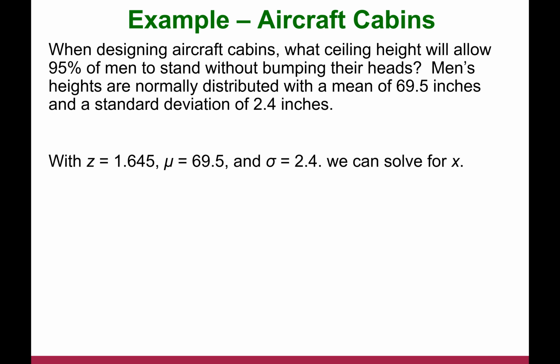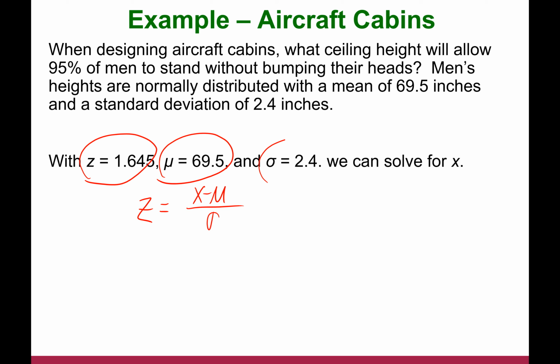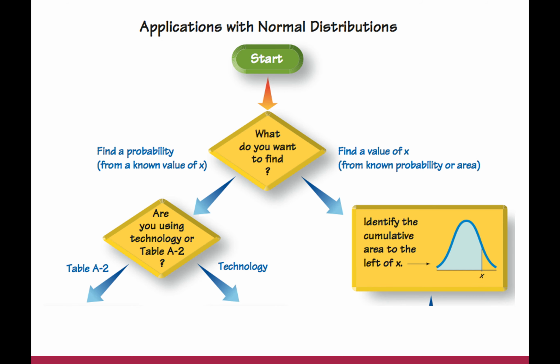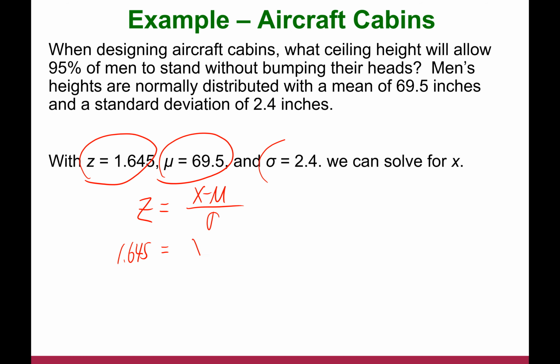Now if you know the z-score, we can use a formula. So now we know the z-score, we know mu equals 69.5, standard deviation equals 2.4. Again, you can just plug into the z-score formula, x minus mu over sigma. The z-score is 1.645. The x value is what we're looking for, mu is 69.5, divided by 2.4.